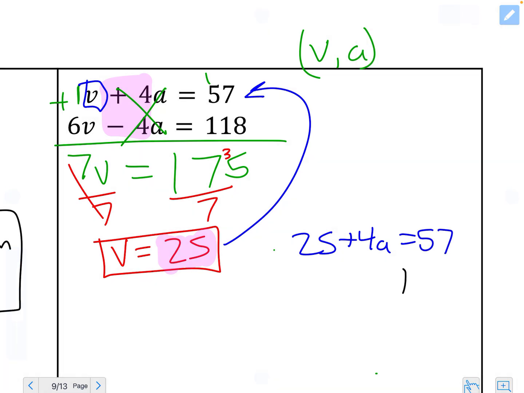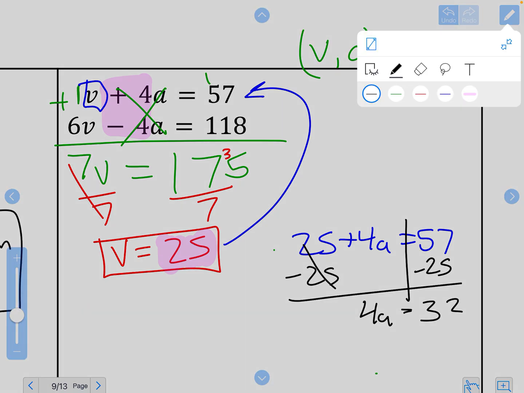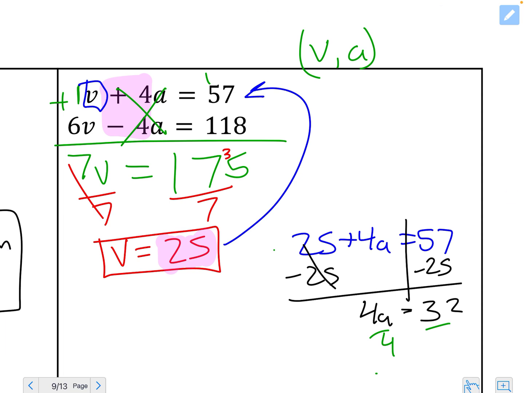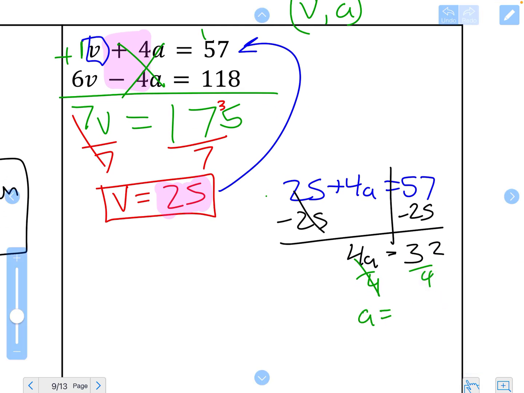So now I can solve it like normal. Minus 25, minus 25. 32. And so a is going to equal 8.